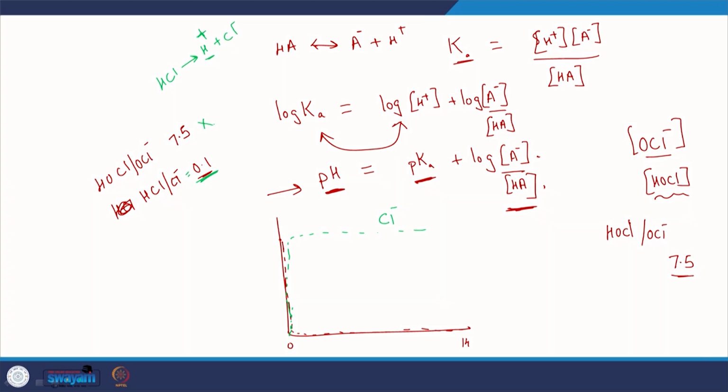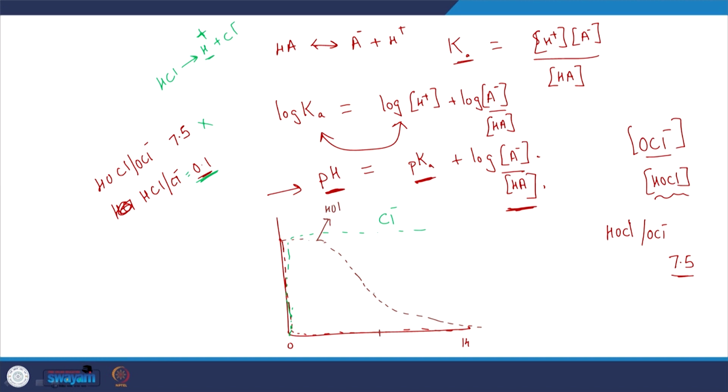We will see that particular information here too. Let me try to find, and for HOCl I know that the pKa is somewhere around here. So, for most of the range the HOCl will be something like this, and this is HOCl, and let me try another color.